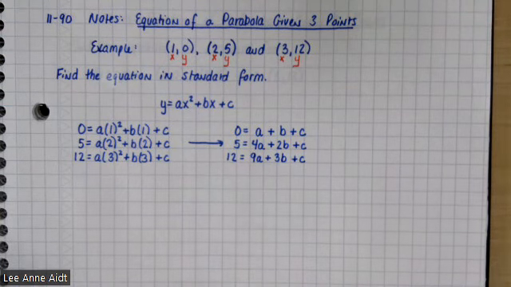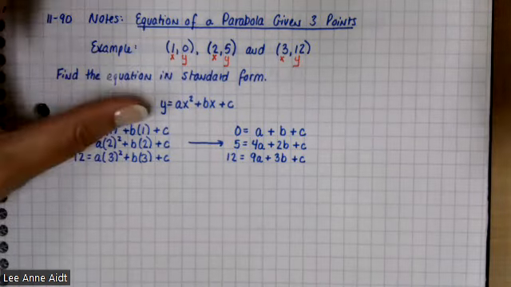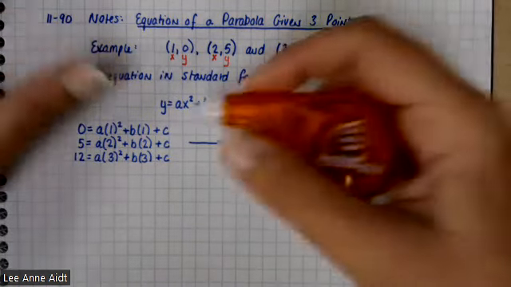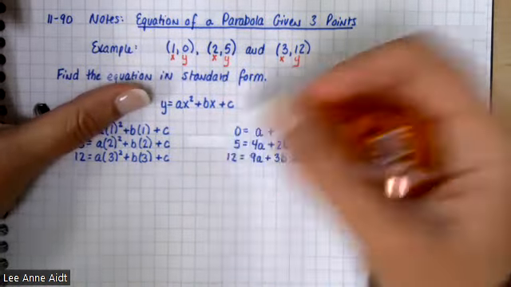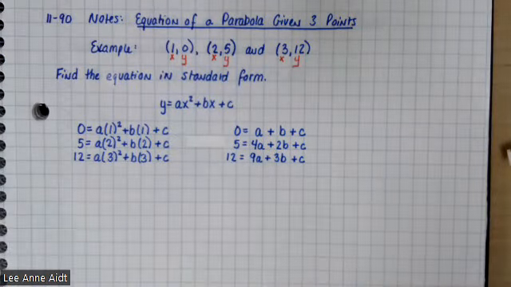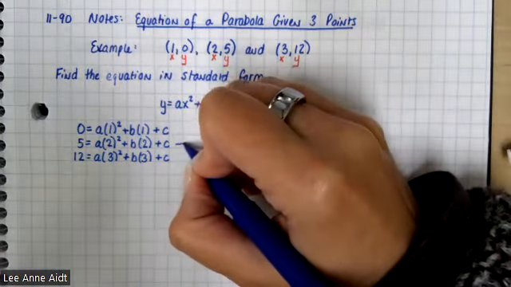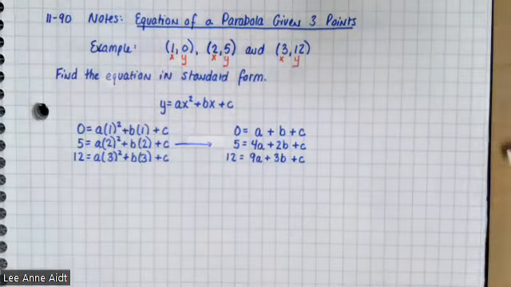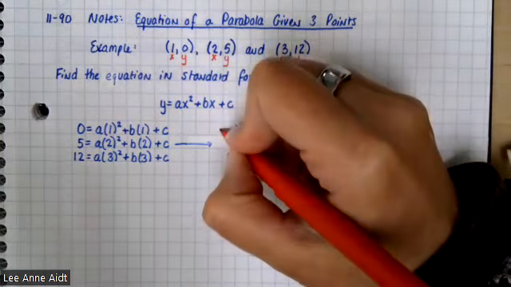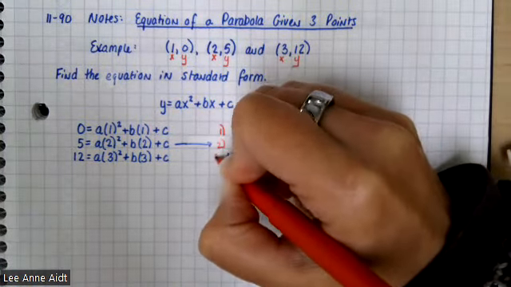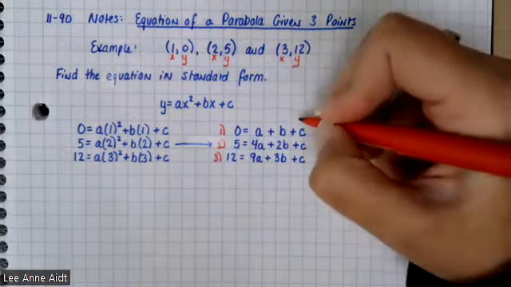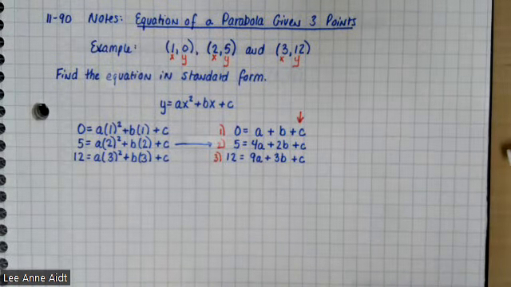Okay, these actually are slightly better than the ones we did last Friday because they all have plain c. And I always solve these exactly the same way. I always eliminate c. Why would I want to eliminate c?